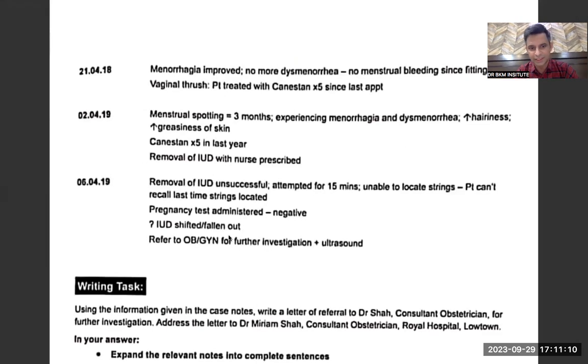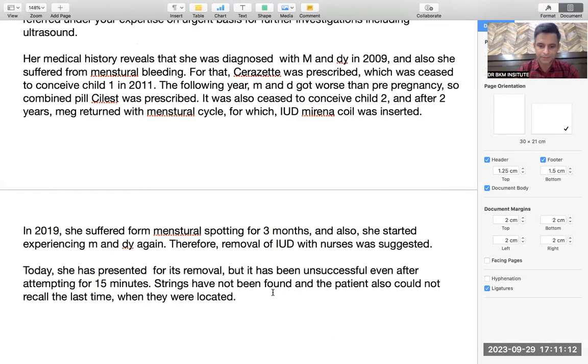So pregnancy test is negative. It is suspected. This is common. It is suspected. So you can use a different word now. So that will make it more fluent.